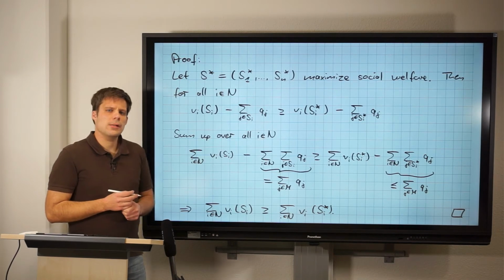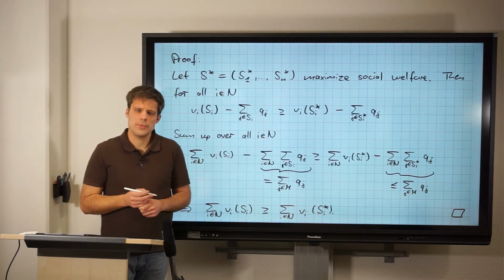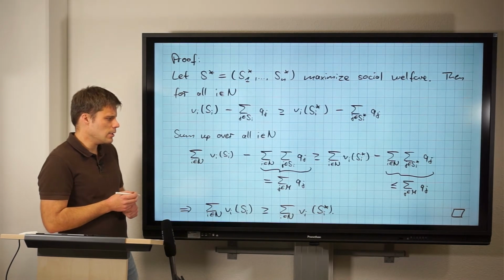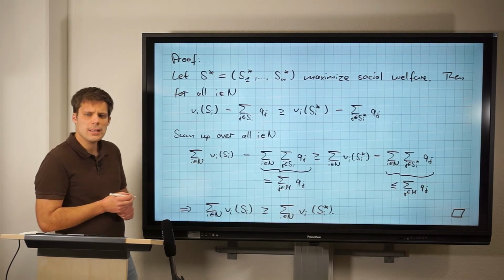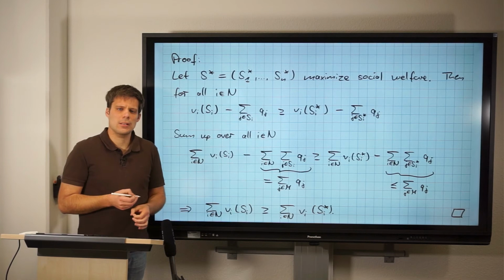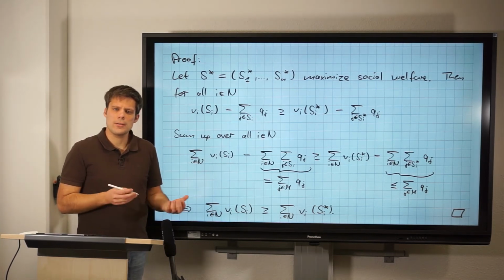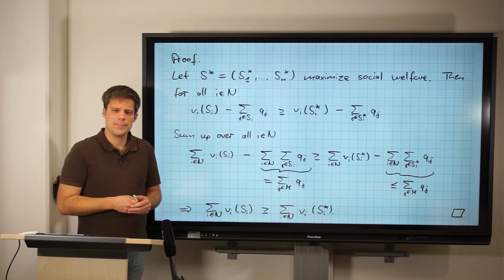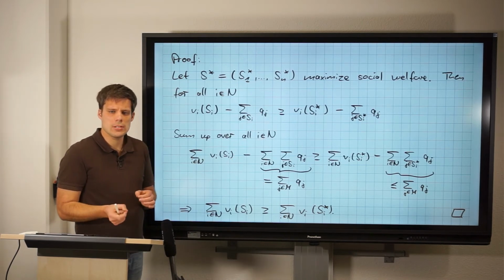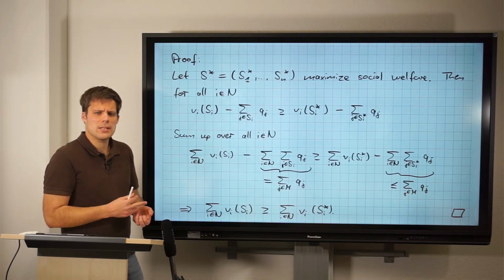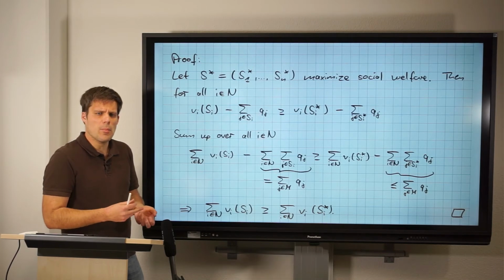If you're familiar with duality of linear programs, this might look a little familiar, because this is indeed exactly LP duality for one specific LP, namely the configuration LP. And as a matter of fact, everything about Walrasian equilibria is more or less LP duality.